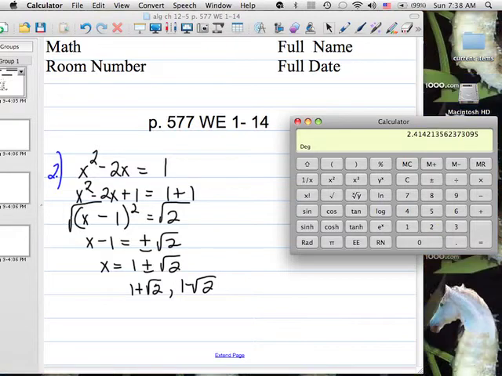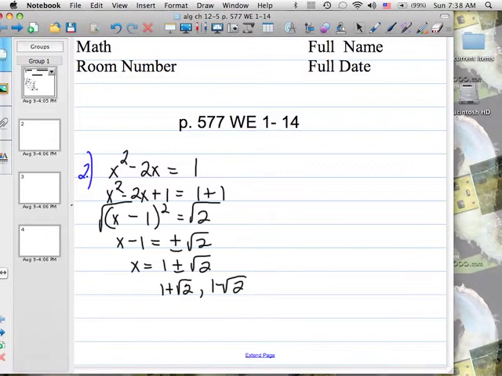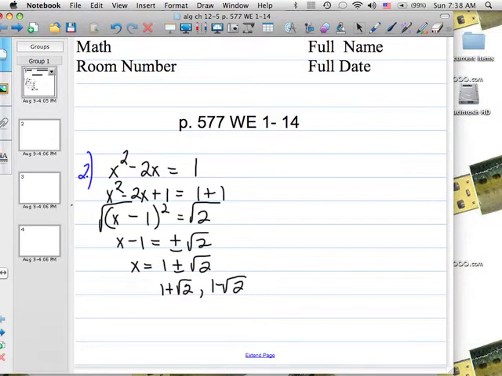Well, I'm sorry, they don't want us using a calculator, so we don't need to do that. Oh, goodbye, calculator. So that's our answer right here.